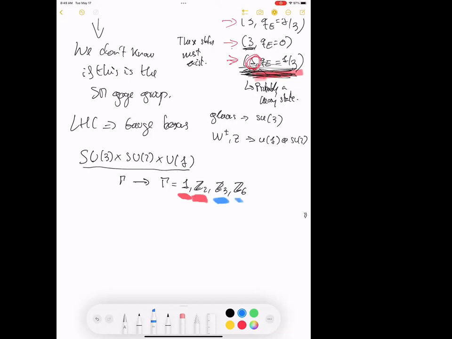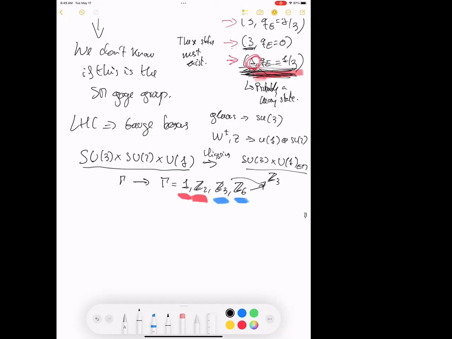It's not valid when you take Z3 and Z6. Why is that? Because once you work out what the group is after Higgsing, it's SU3 times U1 electromagnetic modulo Z3. So in these two cases you can get a Z3.